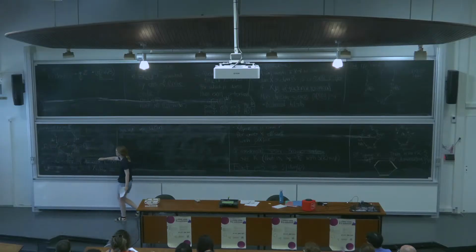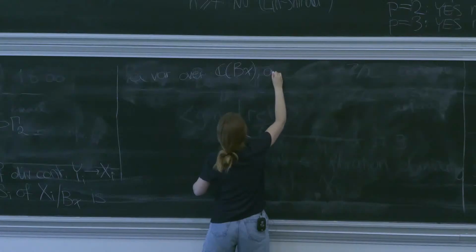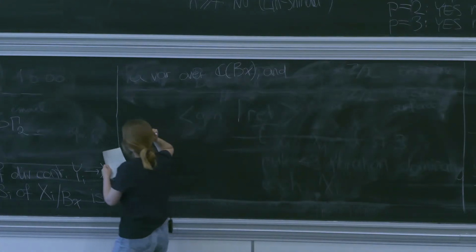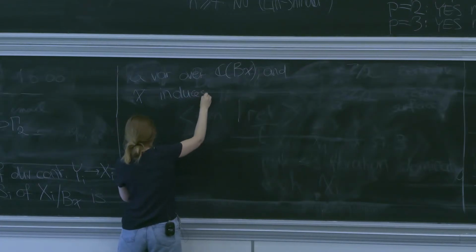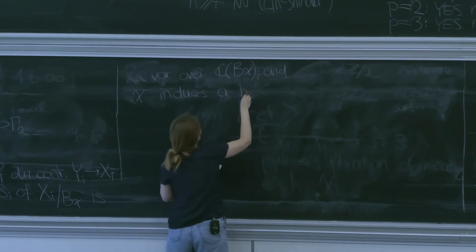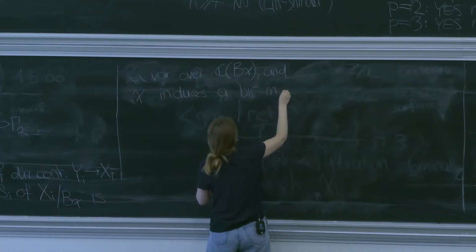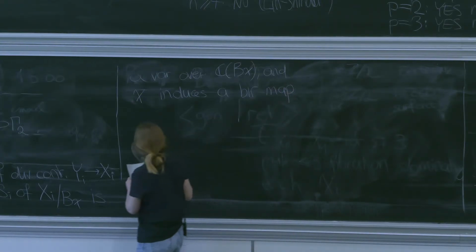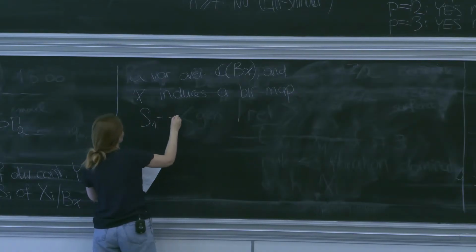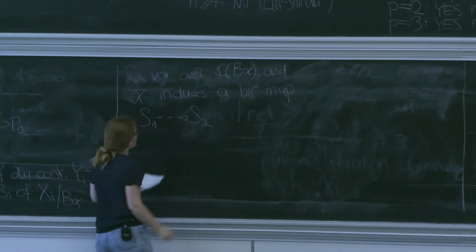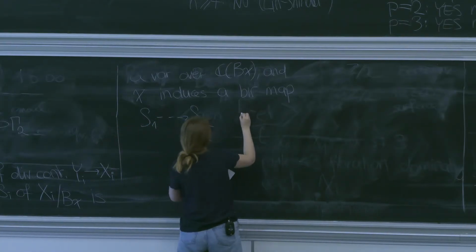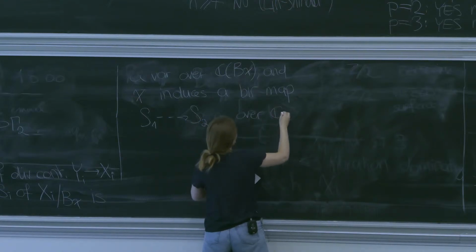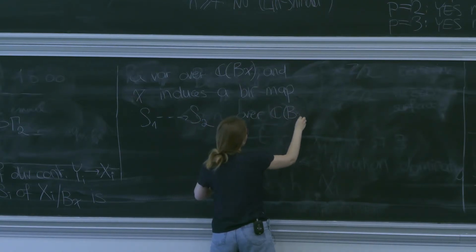And so this birational map chi induces a birational map between the generic fibers, so from S1 to S2. So this is now over this function field.